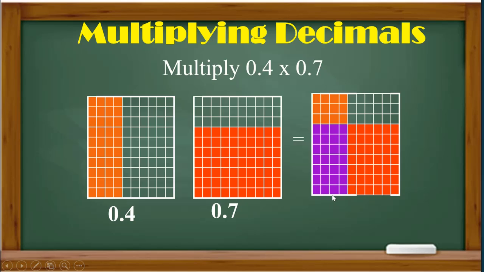So we will count the tiles that are covered with purple color. Let us count. 2, 4, 6, 8, 10, 12, 16, 20, 22, 24, 26, and 28. So our answer will be 28 hundredths.